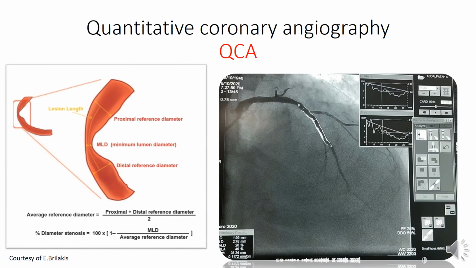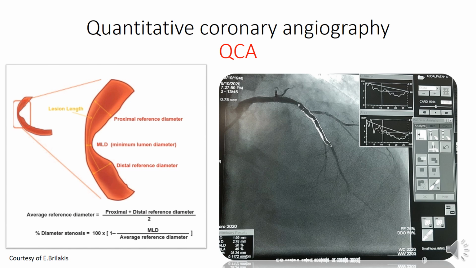So to be more accurate in assessing the severity of a coronary lesion, there is a more objective method, which is called quantitative coronary angiography, or QCA. It is present in almost all cath labs. It depends on a simple idea, which is calibration of the image. Here is the catheter.